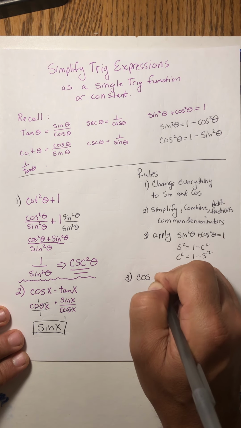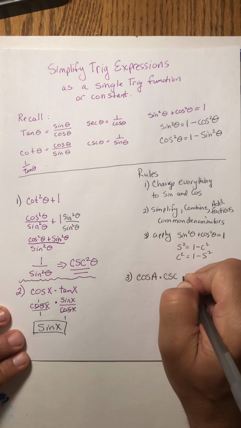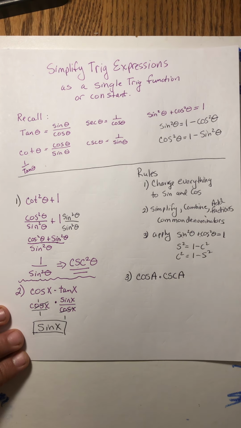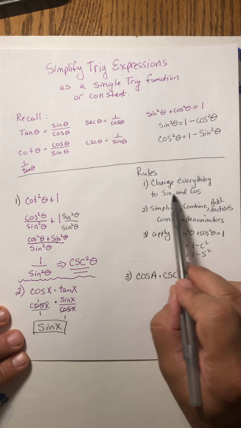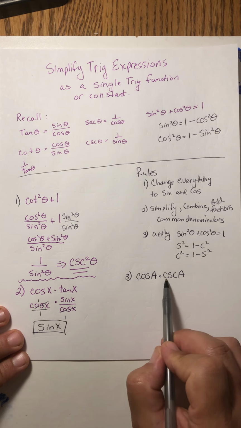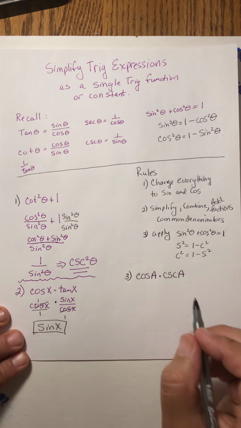Cosine of a times the cosecant of a. All right. Rule number 1, change everything to sines and cosines. That's done. Cosecant is 1 over sine.